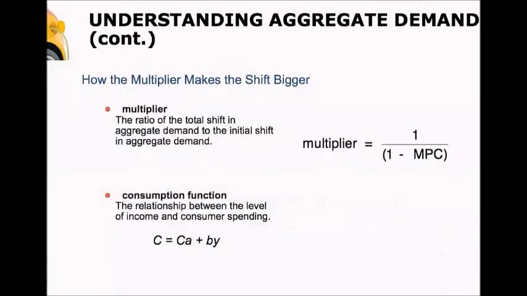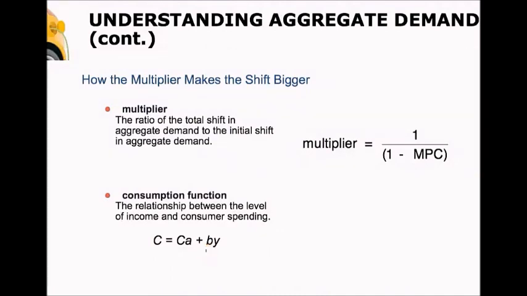In order to do that, we look at something called the consumption function. The consumption function tells us if income changes by some amount, how much does consumption change? And it's related to what's called the marginal propensity to consume.